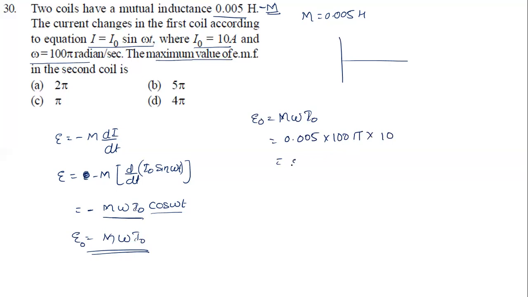So here I'll write this as pi into 10 power minus 3 into this, and this I'll write as 10 power 3 into pi. This is going to cancel, and you get 5 pi. So this is the answer. Okay, that is clear now. Can we go for the next question? It's a simple thing. You should know the basic things.